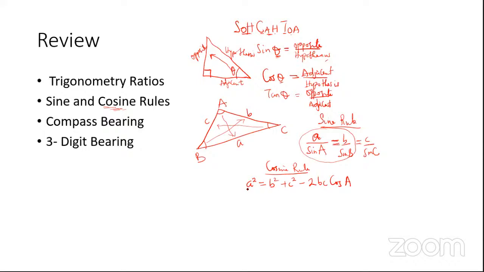So it reduces to Pythagoras theorem, which is a squared equals b squared plus c squared.